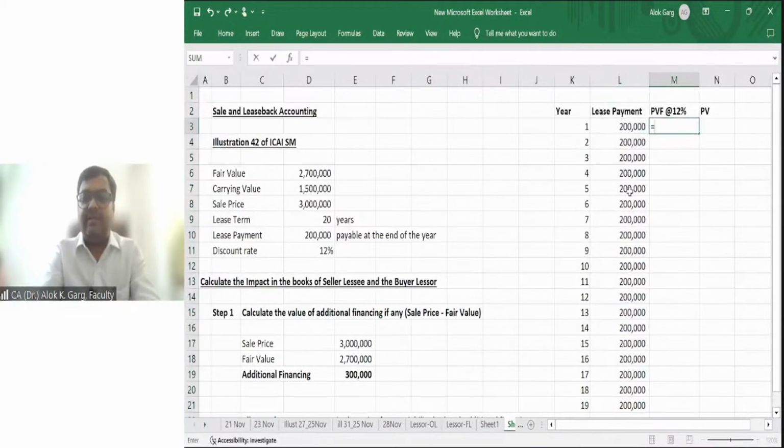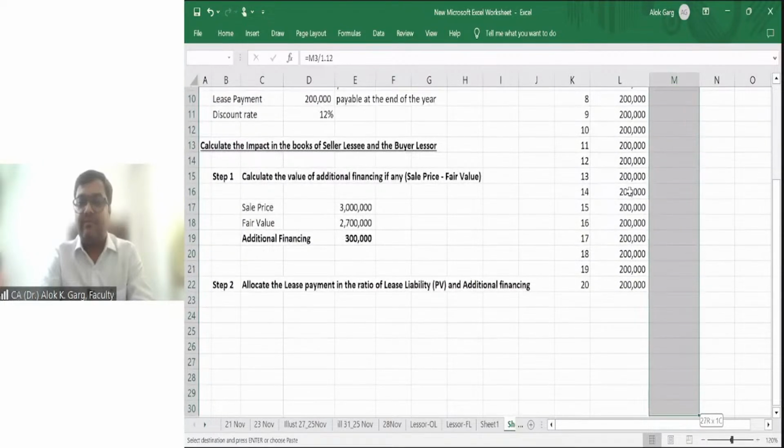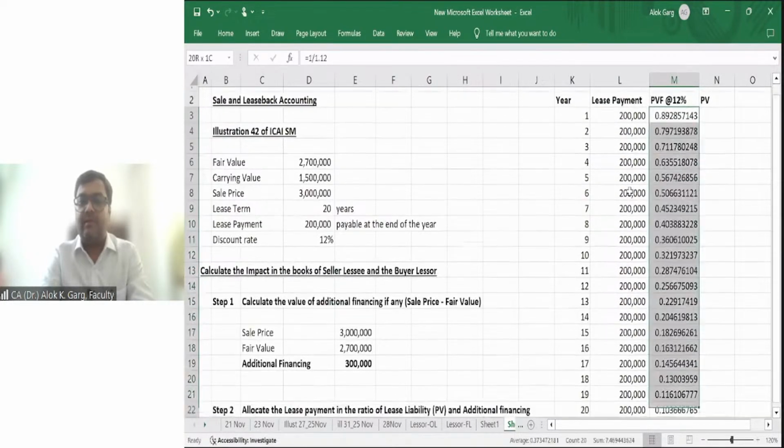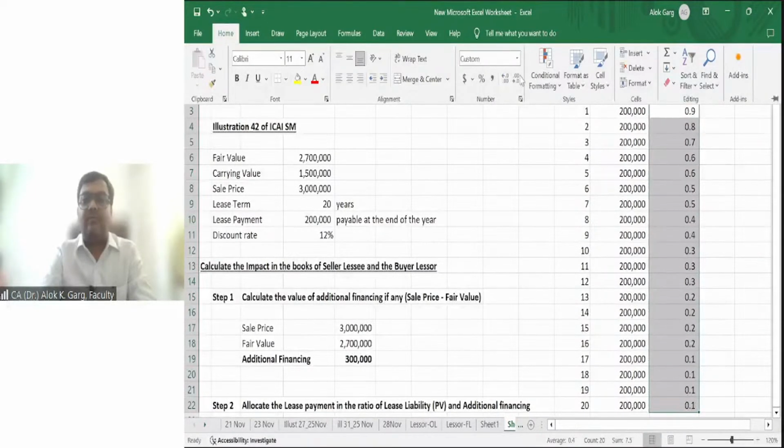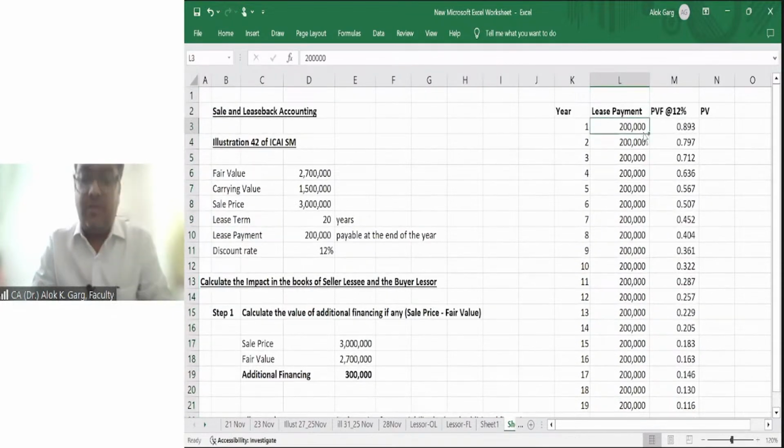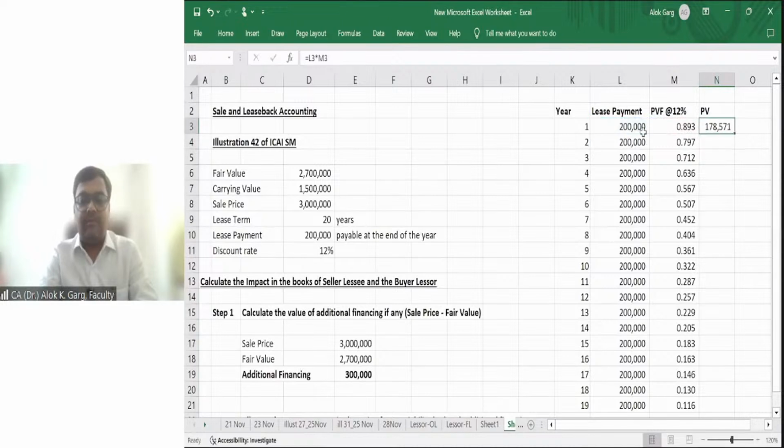Present value factor is at the end of the year. So basically the present value factor is 1 divided by 1.12, right? This is how the present value factor will be arrived at. Let me put it in 3 decimals. The present value comes out at, sorry, this multiplied by this, right?